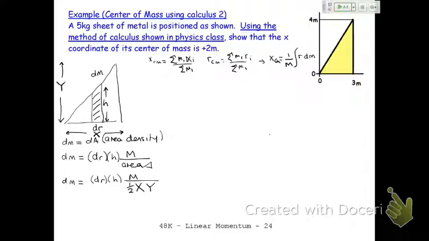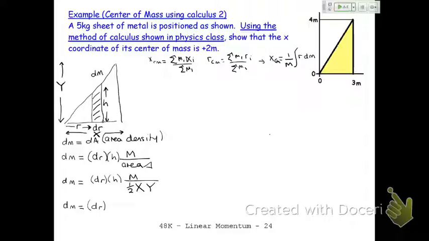So h depends upon my r position. There's my r position, that's how far I am along. So I say, let's sort that out next. I say dm is equal to dr times h. Where does the h come from? I defined it. I said I'm going to call that h.